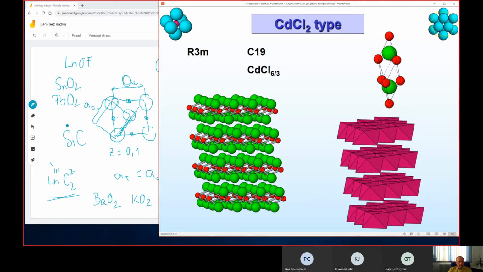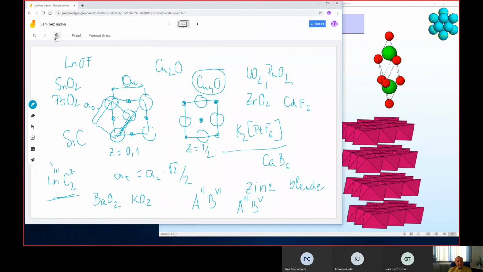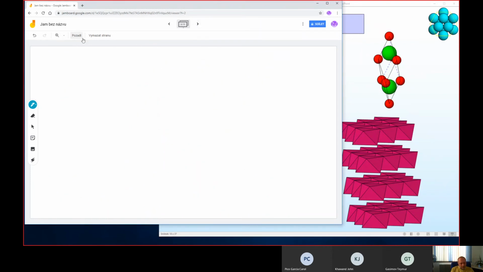There are many chalcogenides like molybdenum or tungsten dichalcogenides. Structures like molybdenum disulfide, tungsten diselenide or rhenium disulfide, and many others adopt one of these crystal structure types, either cadmium iodide or cadmium chloride.